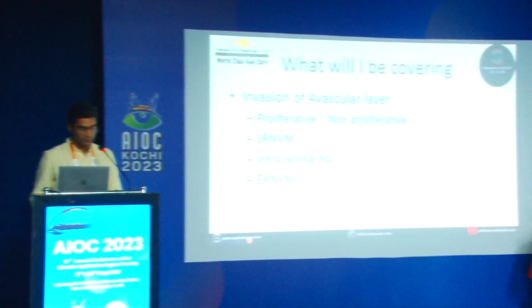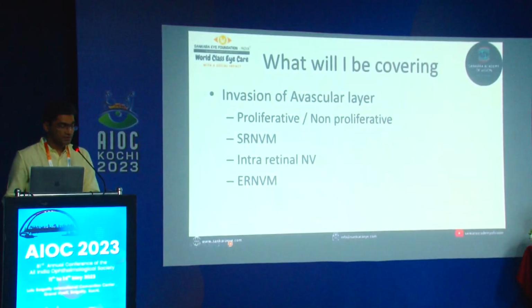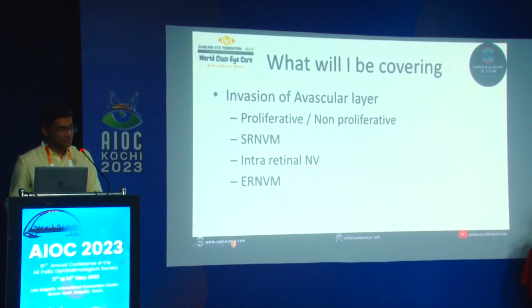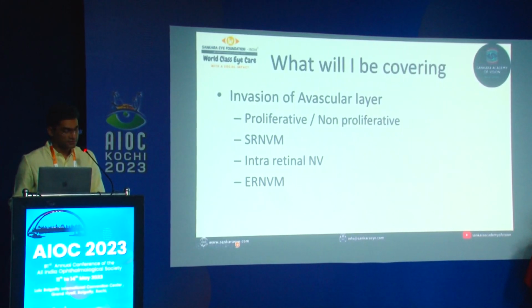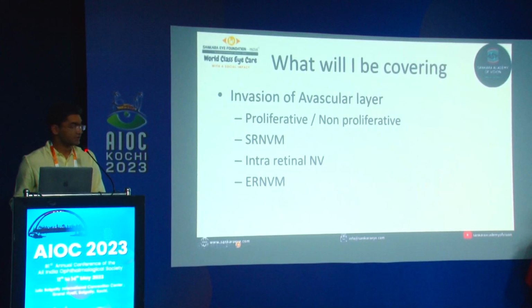Carrying on with the topic, the topic which I had selected was the clinical implications of acronyms in MACTEL type 2. What I would be covering is invasion of the avascular layer, which can be either proliferative, non-proliferative, or SRNVM, and intraretinal neovascularization, or ERNVM, the term coined by Dr. Apurva and Ita.